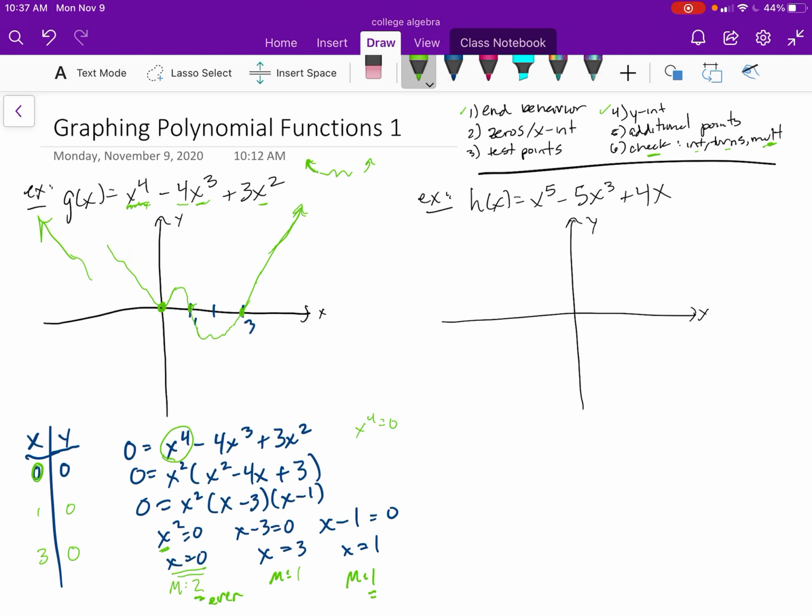The reason I'm leaving a little bit of room, these test points for step 3 has to do with testing values in between the x-intercepts, right? So any value.